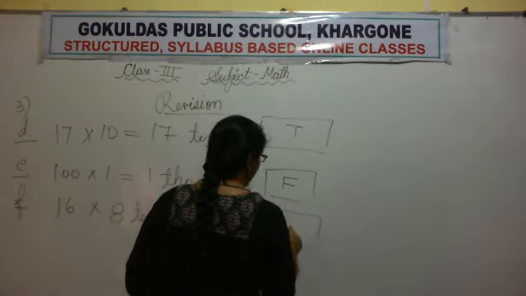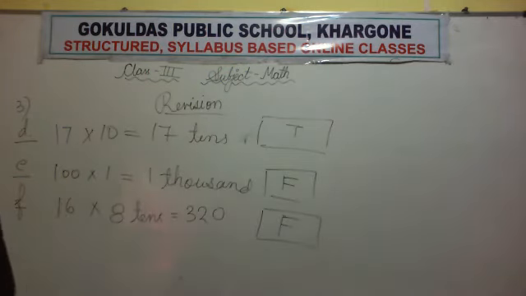So you need to solve this. I am getting the answer. The statement is incorrect, so we will write F. So the answer for D is true, the answer for E is false and the answer for F is false too.